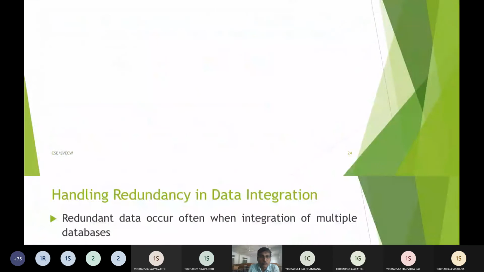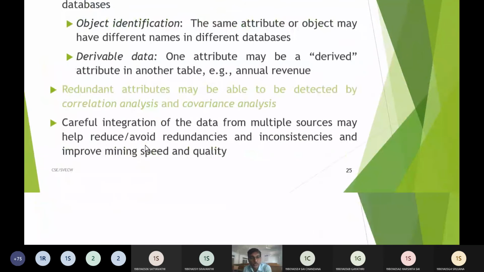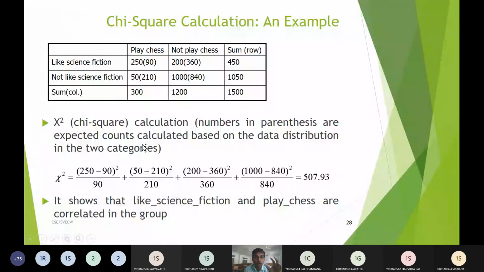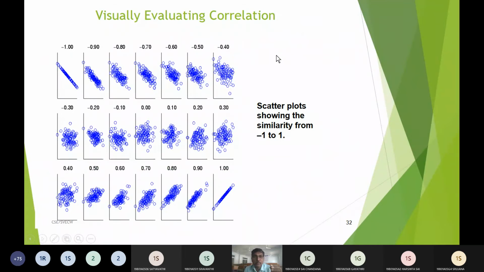We talked about data integration. In data integration, we said it takes data from multiple sources. To do this data integration, we need to have correlation. For that correlation, we use a technique called the chi-square method. And the second thing, we use the Pearson coefficient.